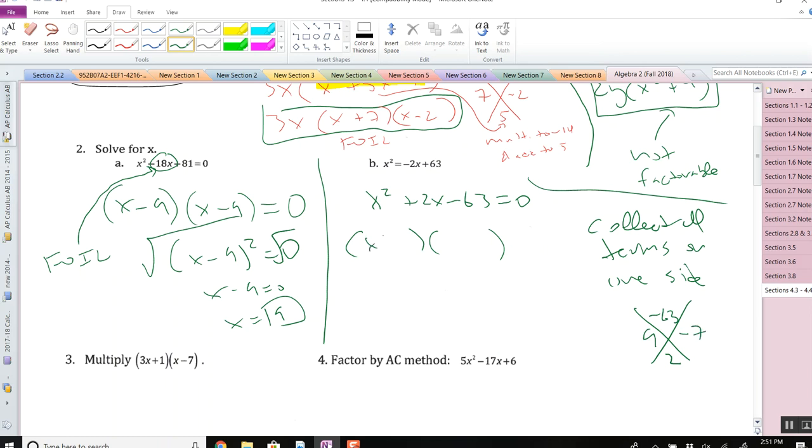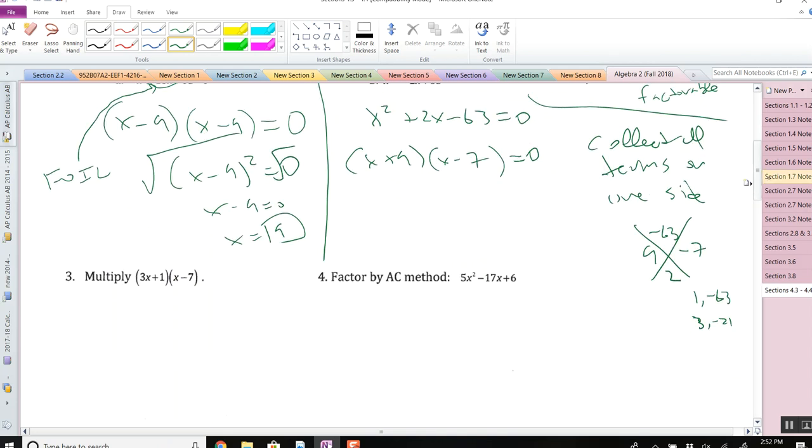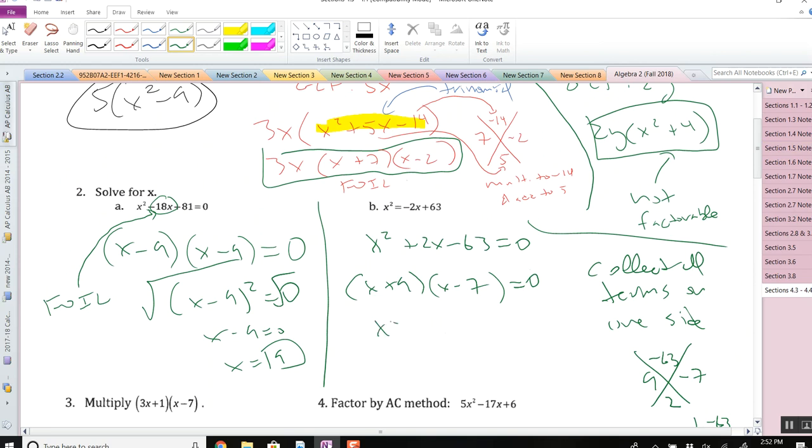So there we go, 9 and negative 7. And if you're ever stuck, you can always just list all the factors until you hit it. So great. So x equals negative 9 or 7.